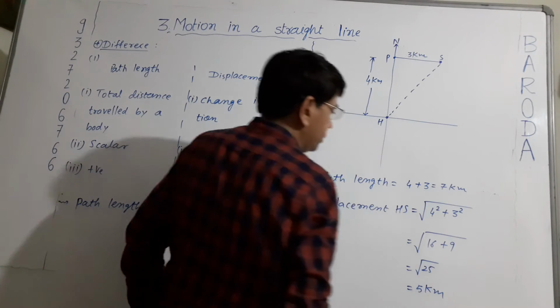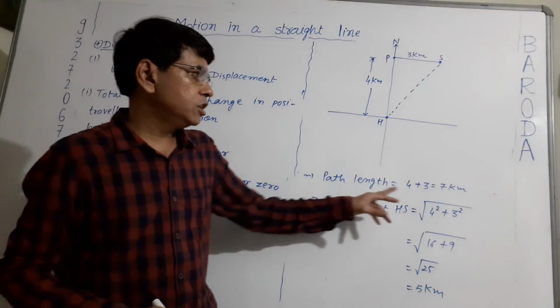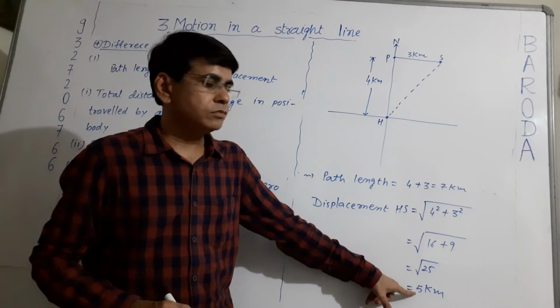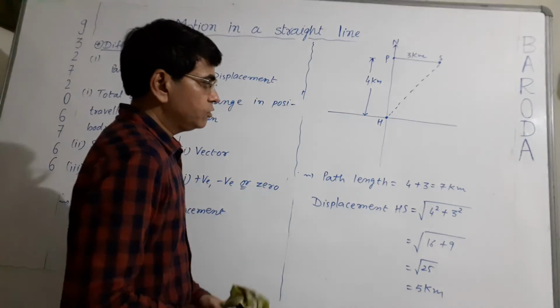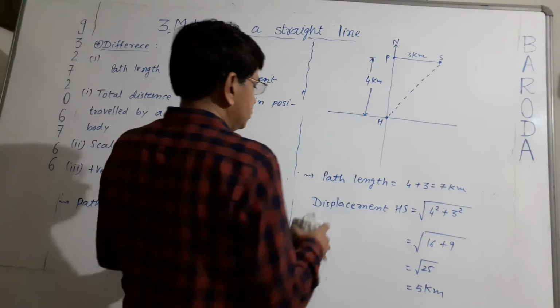This is 5 kilometers. In this condition, path length is positive, displacement is also positive. So displacement is shortest path.